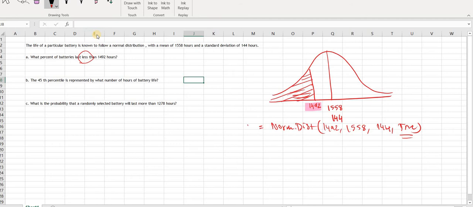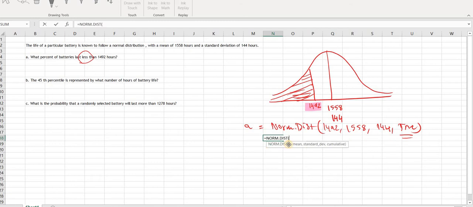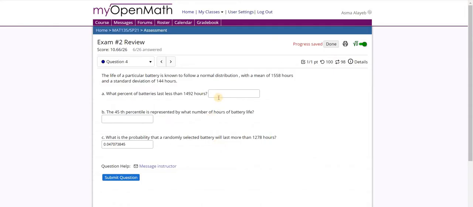So that is the answer for part A. I'm going to do NORM.DIST 1492, 1558, 144, true. So this is the answer. The next question, let me copy it and paste it over here. That is the answer for the first part.